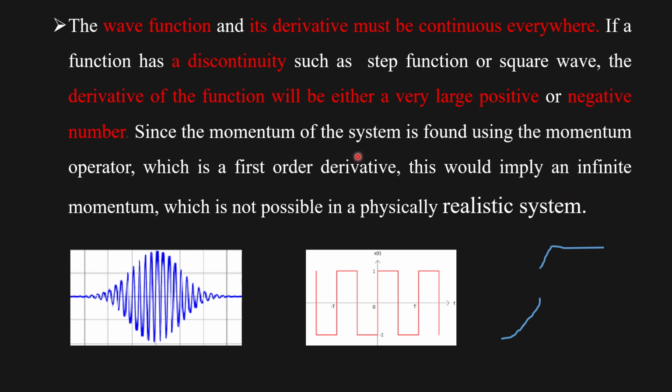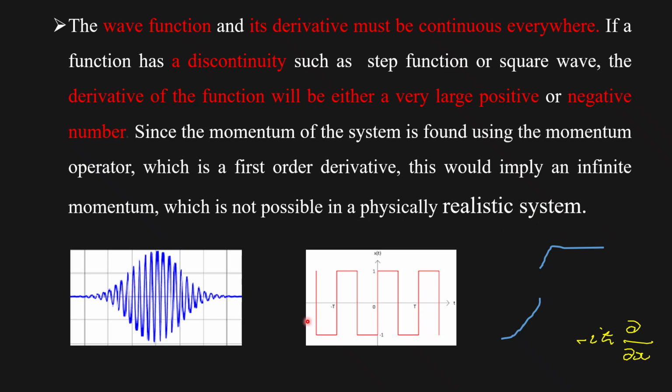Since the momentum of the system is found using the momentum operator, which is minus i h cross delta over delta x, it is a position derivative. Since momentum involves a first order derivative, this would imply an infinite momentum, which is not possible in a physically realistic system.